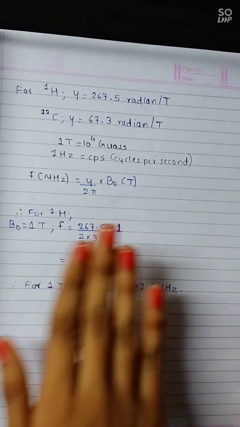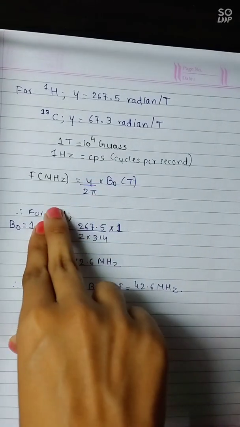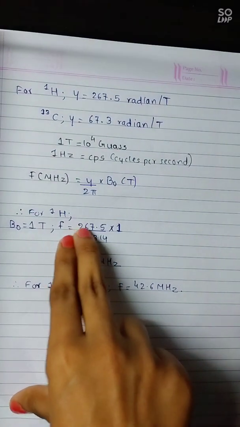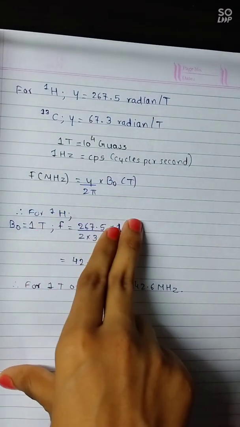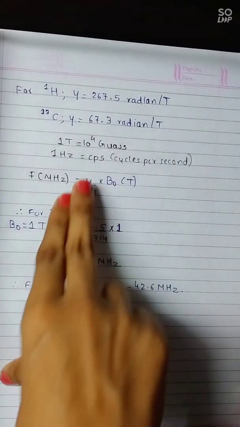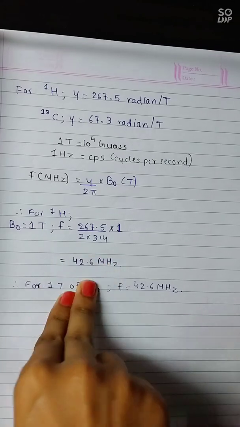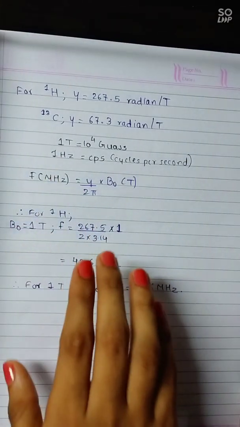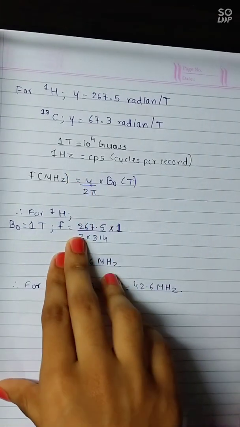So frequency is equal to the gyromagnetic ratio for proton NMR, which is 267.5. I have replaced it with that. The external magnetic field value is given, which is 1 Tesla. I have also replaced that. Divided by 2 pi, you get 42.6 megahertz. So when one applies an external magnetic field of 1 Tesla, we get 42.6 megahertz of frequency.